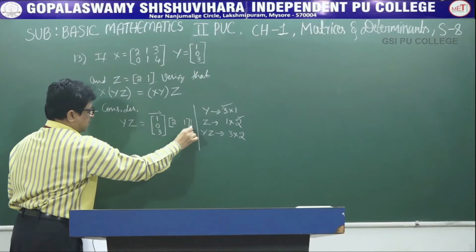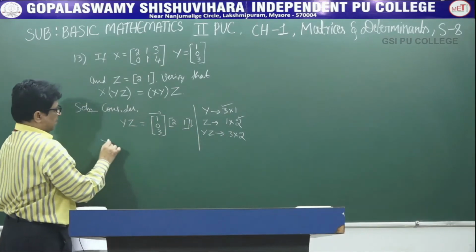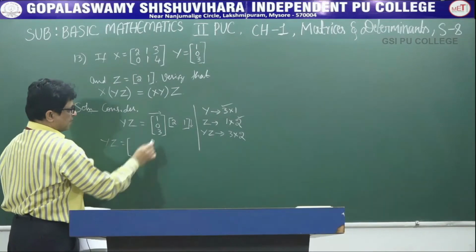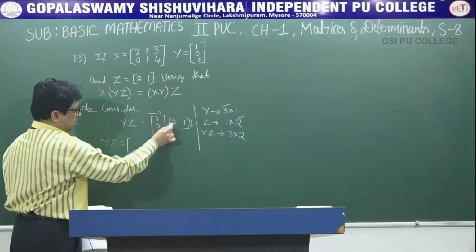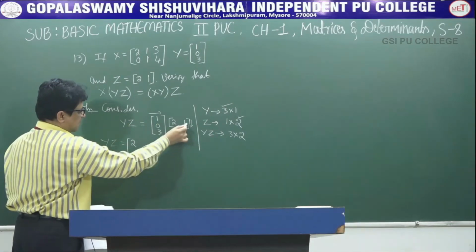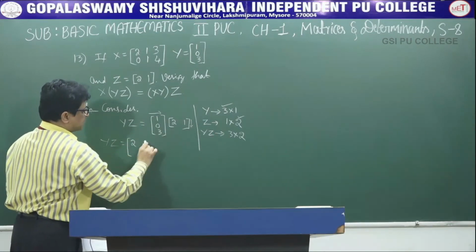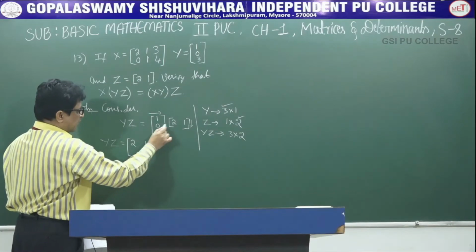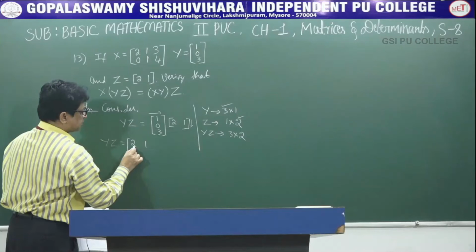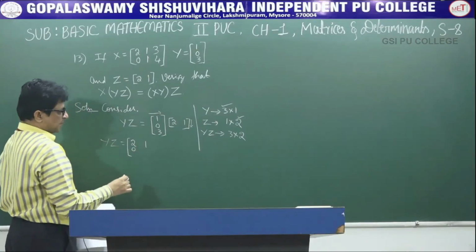So, row into column. So, YZ is equal to first row into first column, 1 into 2. First row into second column, 1 into 1. Second row into first column, 0 into 2, 0.